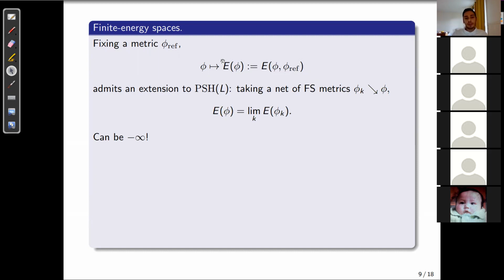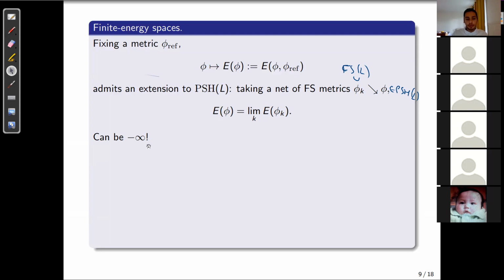So this energy is going to be monotone. So if we take a decreasing approximation of this in PSH(L), then the limit of the energies of your sequence, or net, of metrics is going to be well defined.